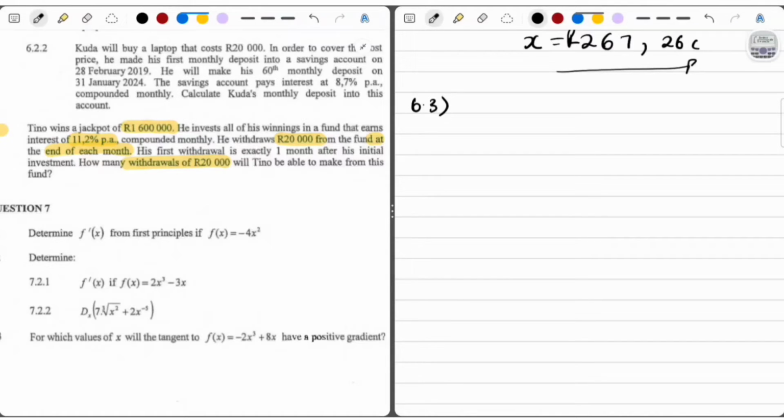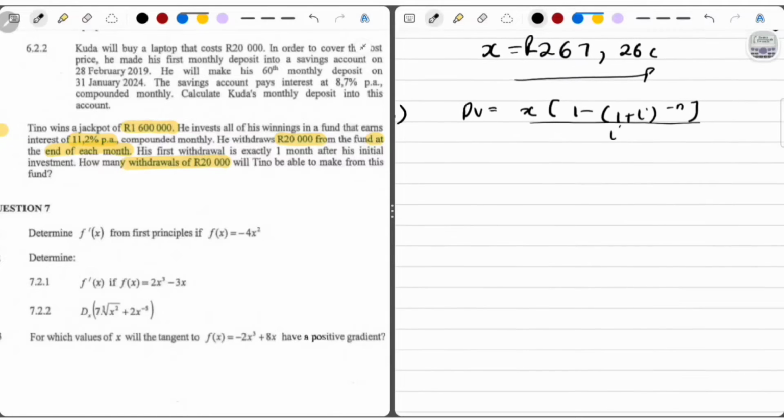And so we need to find out how many withdrawals of 20,000 Rand Tino can receive. That's a very important question to focus on. How many withdrawals? They're not saying how long it will take his money to finish. How many withdrawals? So let's think about what present value looks like. The present value formula is x, bracket 1 minus (1 plus i) raised to the power of negative n, close bracket, over i.